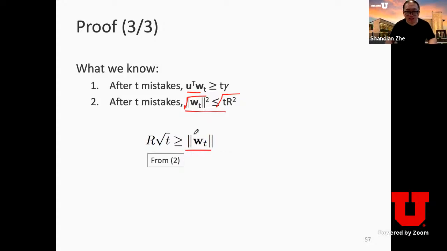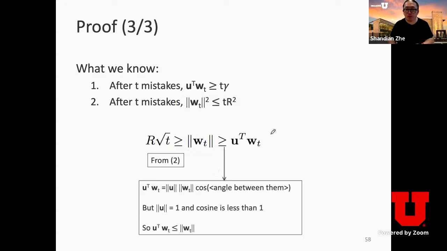Now we want to connect the right-hand side of this inequality to the left-hand side of the first inequality. How can we make such a connection? We're going to use the so-called Cauchy-Schwarz inequality. It has a very nice geometric interpretation. It's about how we calculate the cosine value between two vectors.